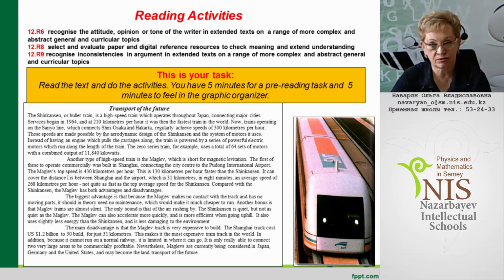Before starting reading, I introduced the objectives to my students, and then I gave them the task. Read the text and do the activities. You should have 5 minutes for a pre-reading task and 5 minutes to fill in the graphic organizers.